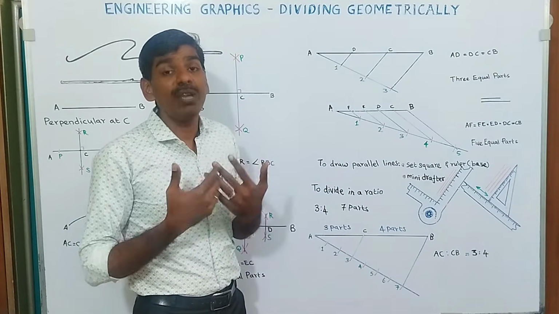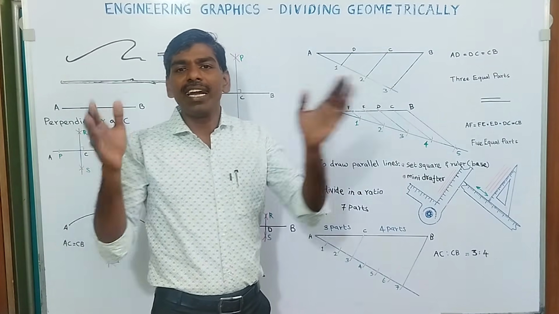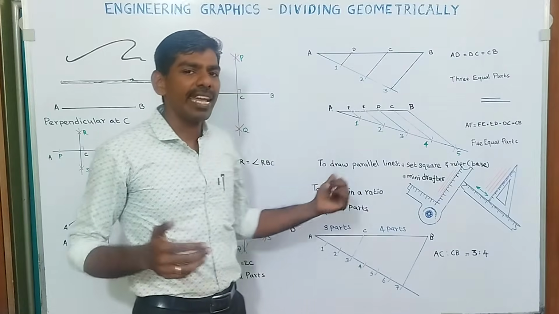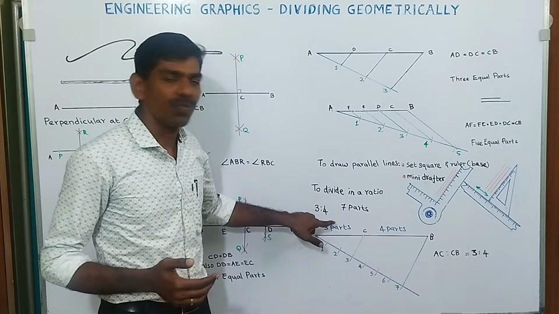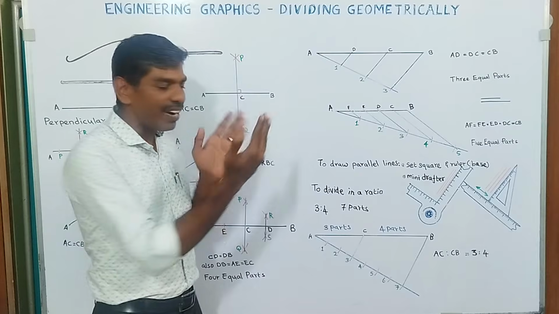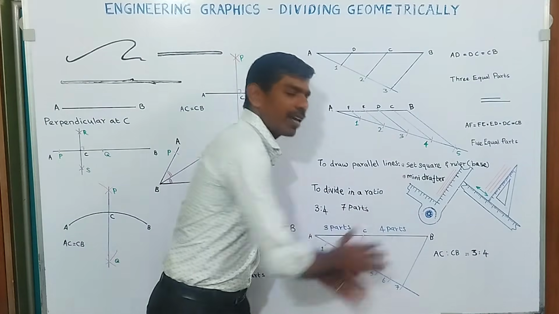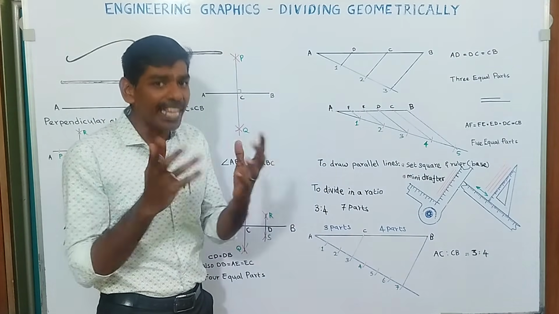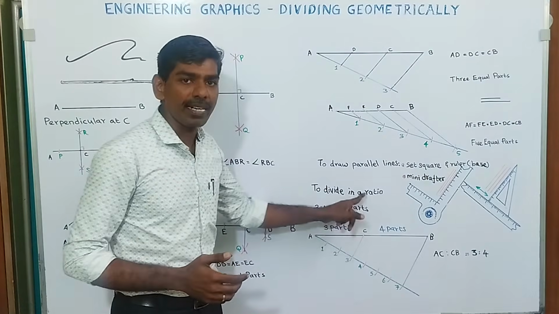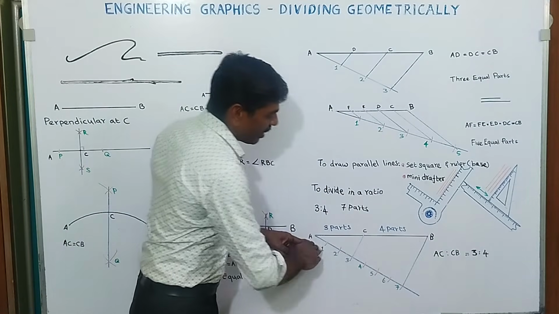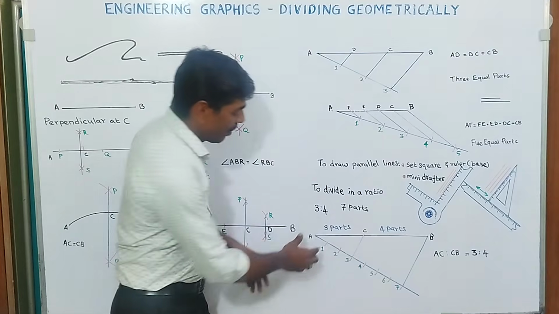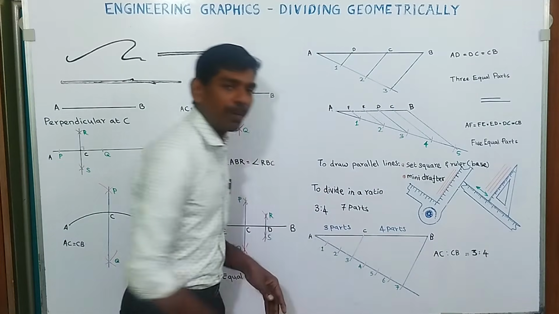For example, if we want to have a line divided into some ratio, say here we have made it as 3:4. A particular line needs to be divided as 3 parts and 4 parts. So, making cumulative of these things, 7 parts. With the same method, we have drawn another line. We have divided that into 7 equal parts.